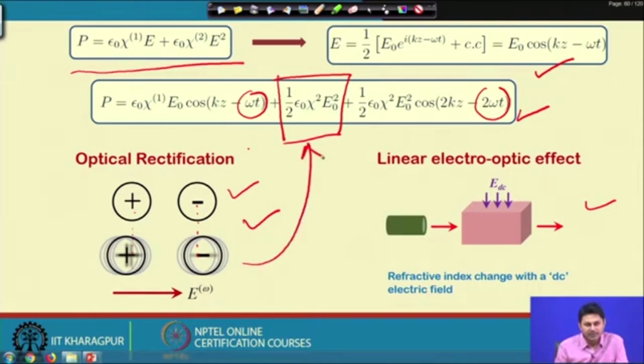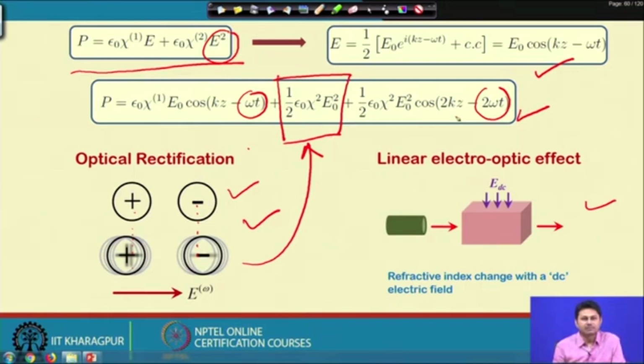So, I am launching an electric field which has a frequency component. In my polarization, if I include the higher-order effect, E square, it has a frequency component 2 omega and also one term which we may call the DC term. So, on top of the DC term we have a frequency component 2 omega.